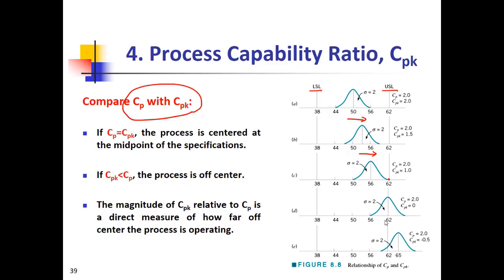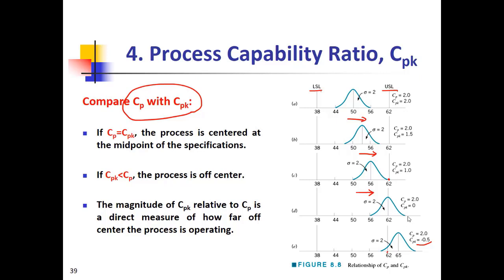If CPK is 0, it will shift again more, and it will pass the USL. CPK can even be a negative value, minus 0.5. Now most of my data is almost out of USL.